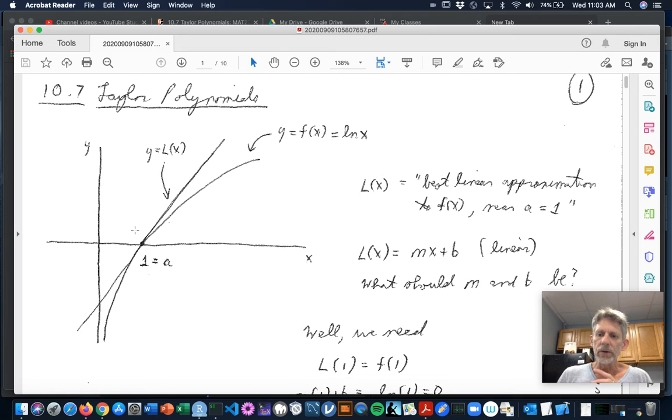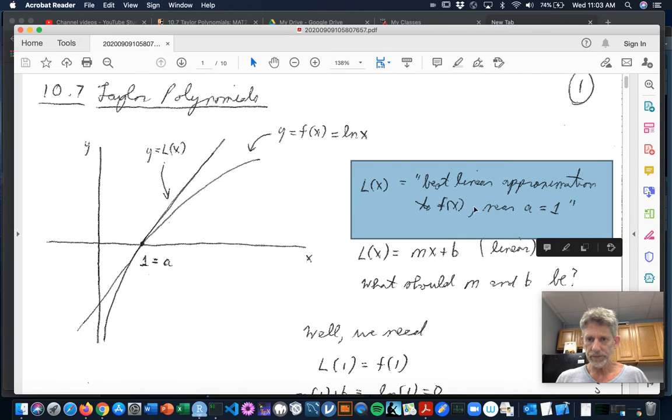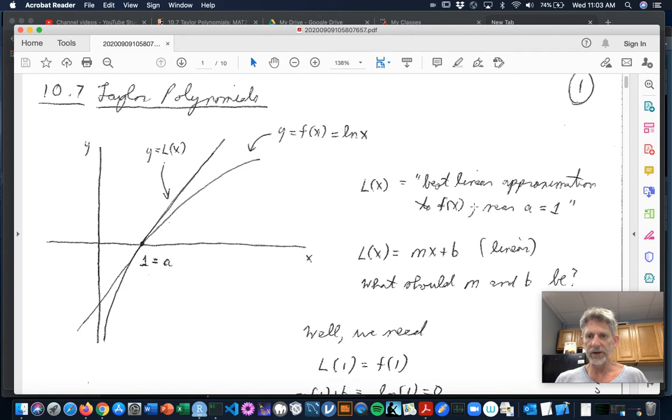But maybe what you could do is, instead of work with log of x, you could work with a linear function that approximates log of x really well near a equals 1. Let's call L of x the best linear approximation to f of x near a equals 1.